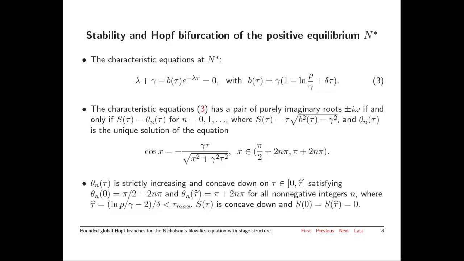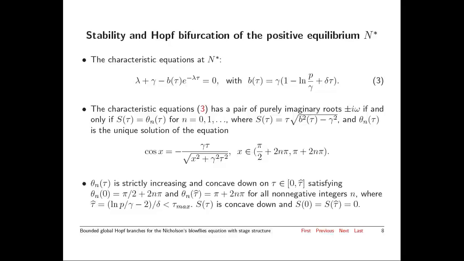And as we know, the Hopf bifurcation occurs if and only if there exists a pair of purely imaginary eigenvalues, so we analyze when the characteristic equation has a pair of purely imaginary roots. Then we obtain that there exists a pair of purely imaginary eigenvalues if and only if the function S is equal to the function theta_n at tau.